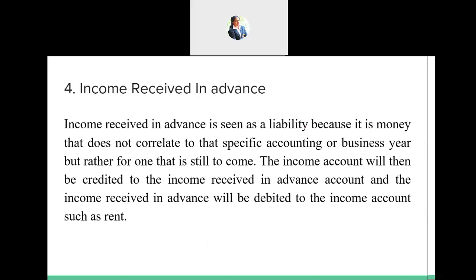The next one is income received in advance. Now, income received in advance is the income that a business organization earns in the current year, which would be of the coming year or of the coming time. Therefore, this income received in advance is always treated as liability.